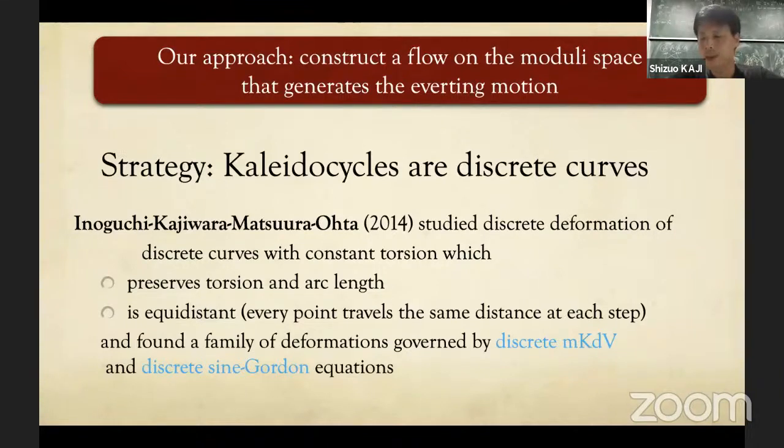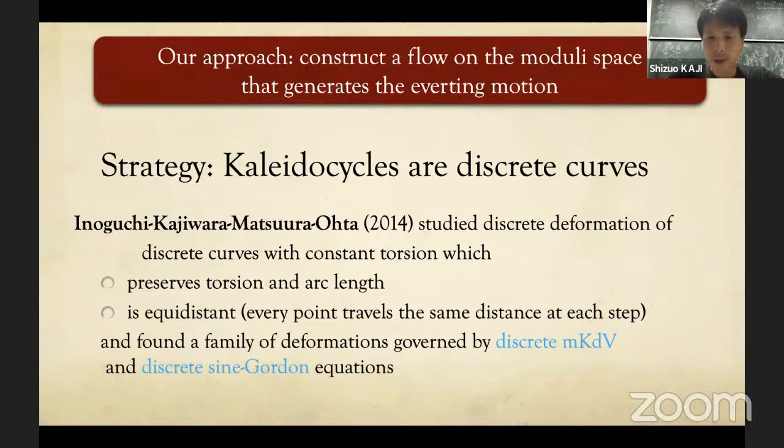What is isoperimetric? Isoperimetric means the length doesn't change during the motion. And these Kaleidocycles are discrete curves with constant torsion, and their isoperimetric motion preserves length and torsion. This is what we want to find, or how we model the motion of a Kaleidocycle in a mathematical setting.